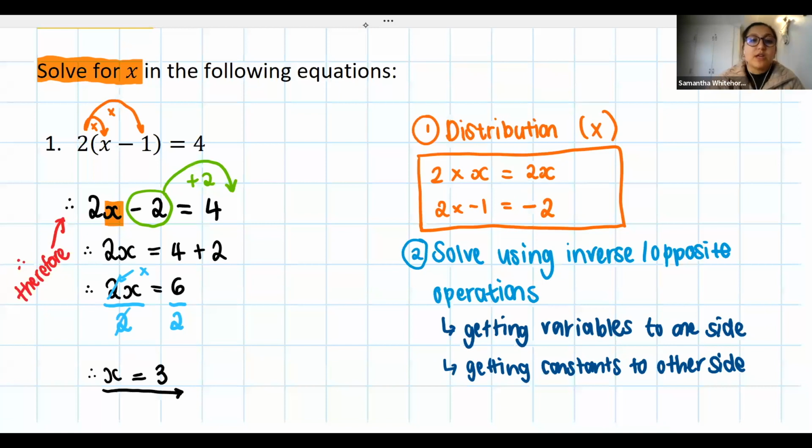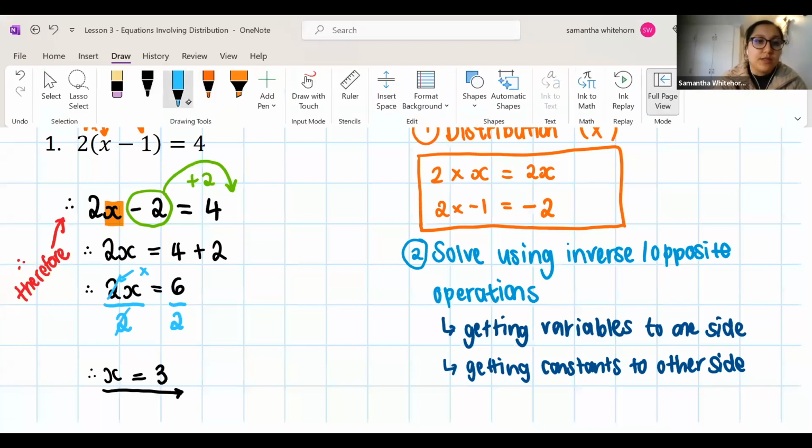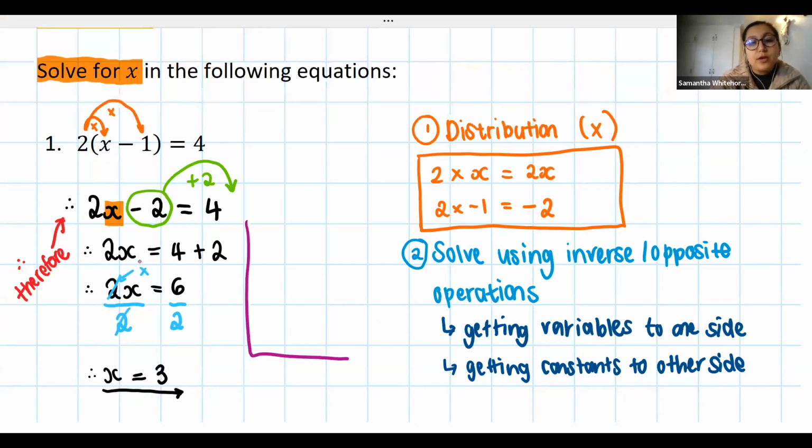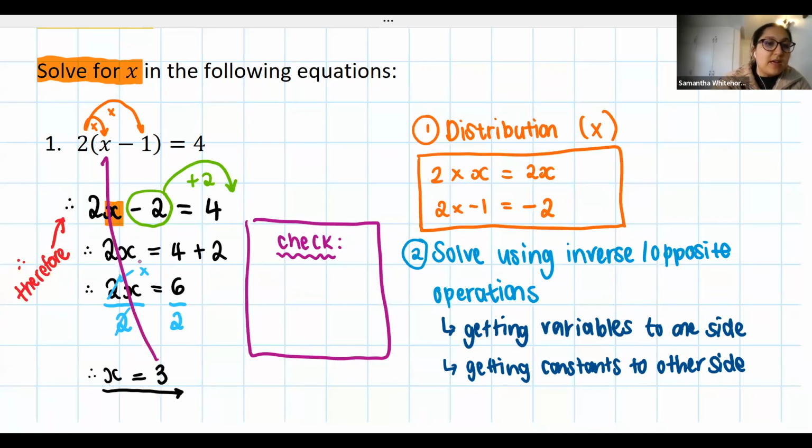Now, remember, we can check our answer if we're not 100% sure, if we want to make sure that we have done it correctly. You do not need to show this check unless you are asked to do so in a question. So this is something you do quickly, roughly on the side of your page or quickly with your calculator. We use substitution. So in place of x, I'm going to put 3. So 2 times (3 minus 1) should give me 4.